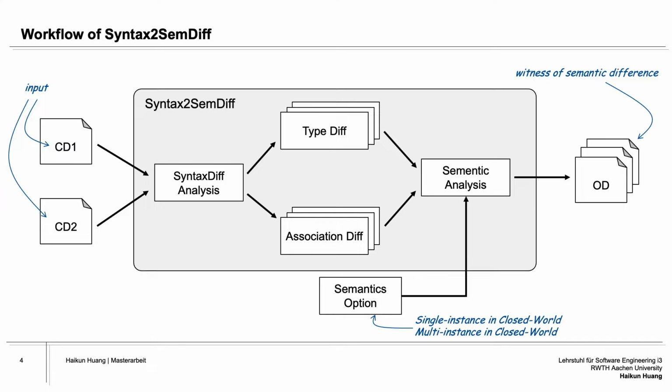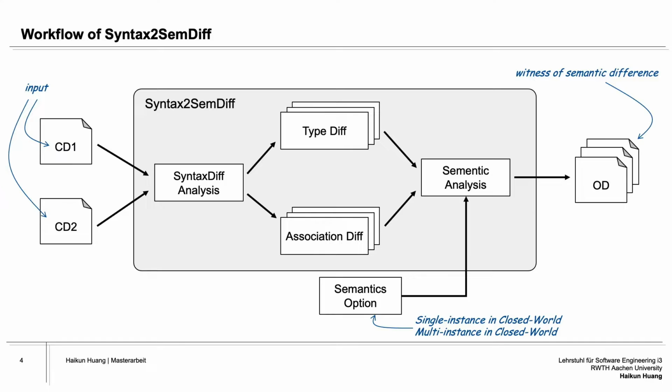For type diff, we need to consider the syntax differences of the attributes and so on. For the association diff, for example, we need to consider the syntax differences of the cardinality and the navigation. Then we take the semantic analysis process on each syntax diff. In this step, the semantic options, that is single or multi-instance in closed world, will be considered.